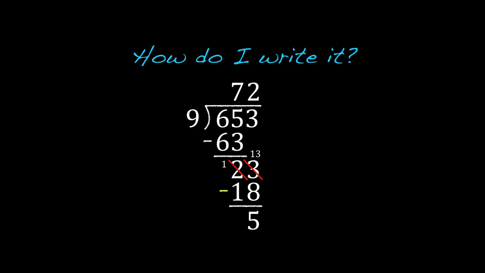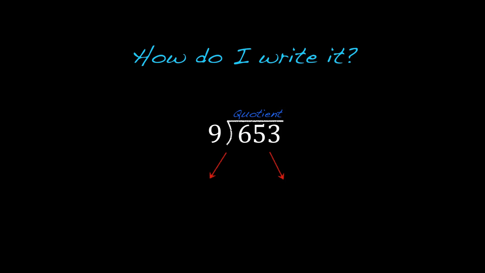Another way we can do this is to write it as a fraction, and go ahead and put our fraction bar up there. We're going to bring that remainder up, and that is going to become our numerator. And then we're going to take the divisor, which in this case is 9, and that's going to become our denominator. So another way to write this is to say 72 and 5/9. That would be writing it as a fraction.